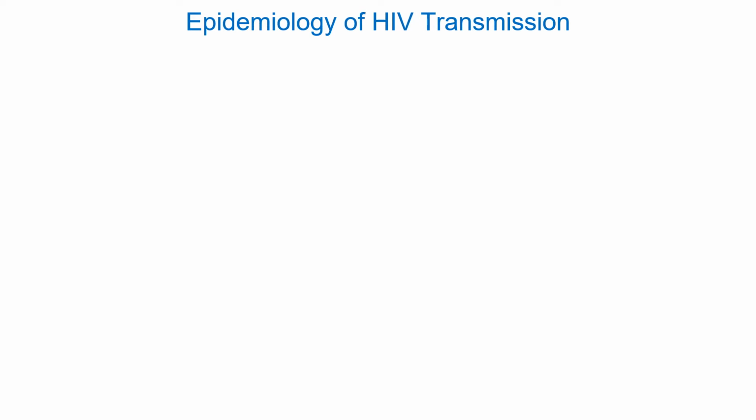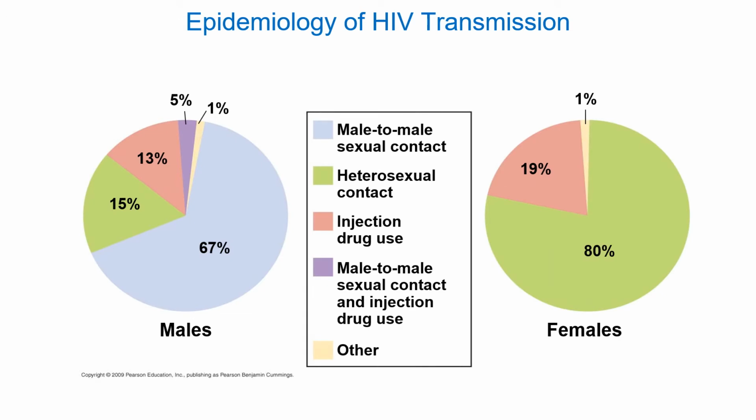So what else can we say about the epidemiology of HIV transmission? Take a look at this. These are the different types of transmission between males and females, at least for Canada. In males, a huge proportion of HIV transmission, 67%, about 2/3, is male-to-male sexual contact.